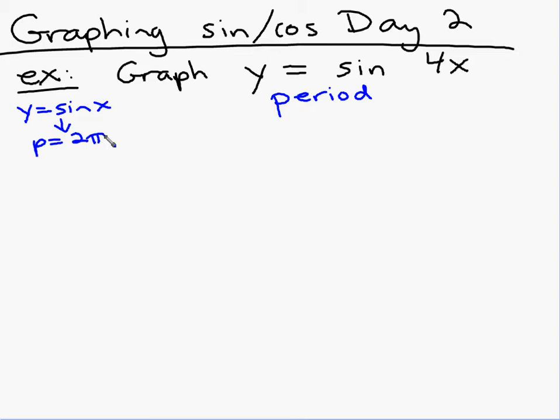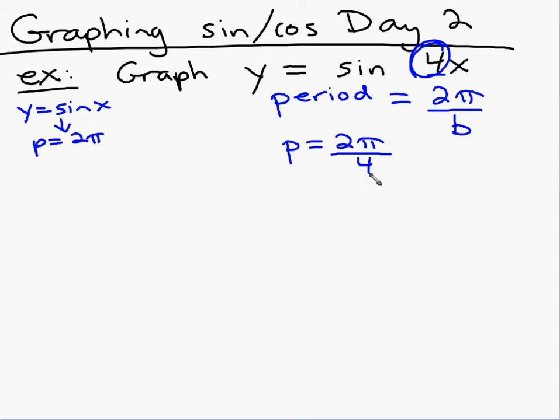But if I have a number in front of the x, then we need to use the little formula that the period is 2 pi divided by b. And b is this number in front of x. So let's find out what the period is. The period is 2 pi divided by 4. And we can simplify that little fraction and find out that the period is pi halves.